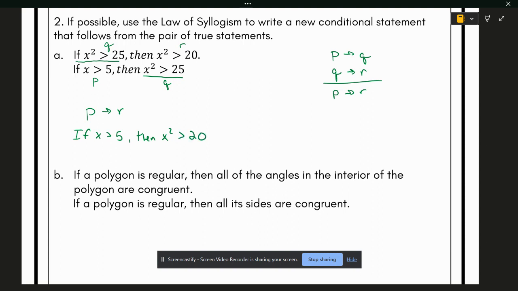Question: can you switch R and P? No. If you switch R and P in this statement, they're still P and R, just in different locations.